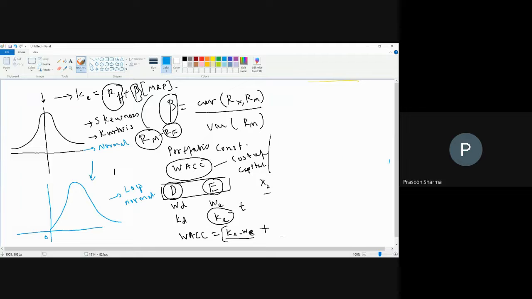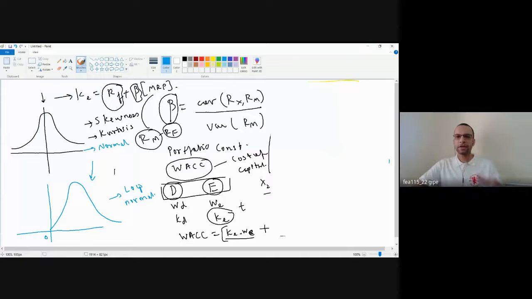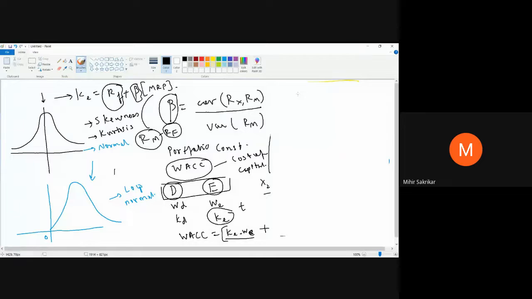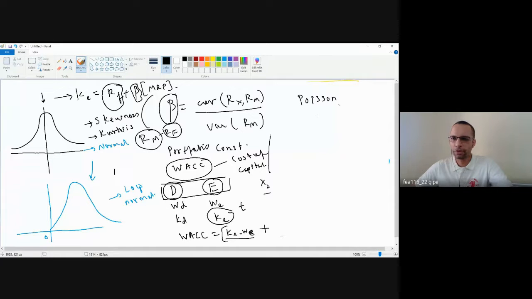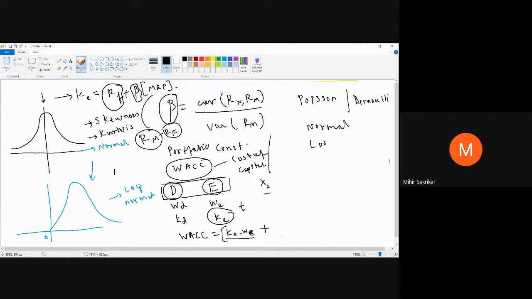All right, sir. Also, any other distributions which you might have heard about or maybe read earlier? Poisson and Bernoulli. Yeah, Poisson, Bernoulli, similar. Correct. Anything else? We have normal, log normal already. Exponential.